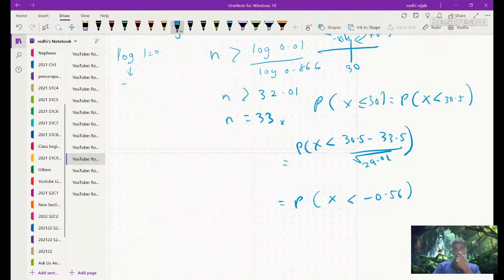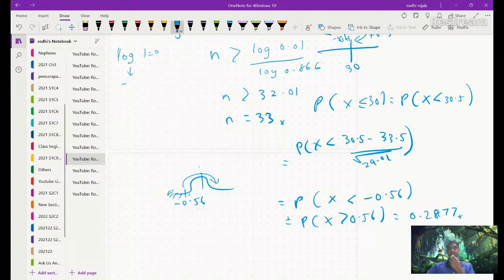Again, if we sketch the graph, the normal graph is symmetrical, so we can flip it to the other side, because a negative value can also be read in our book. So we will get P(Z bigger than 0.56), and then we can read it from our table and we will get 0.2877. That's the end.